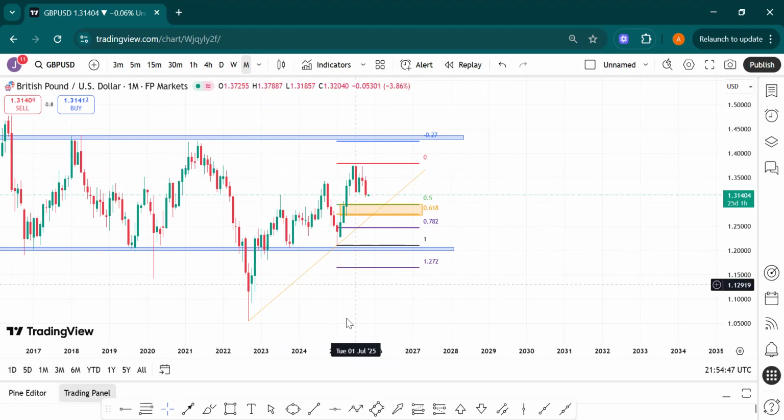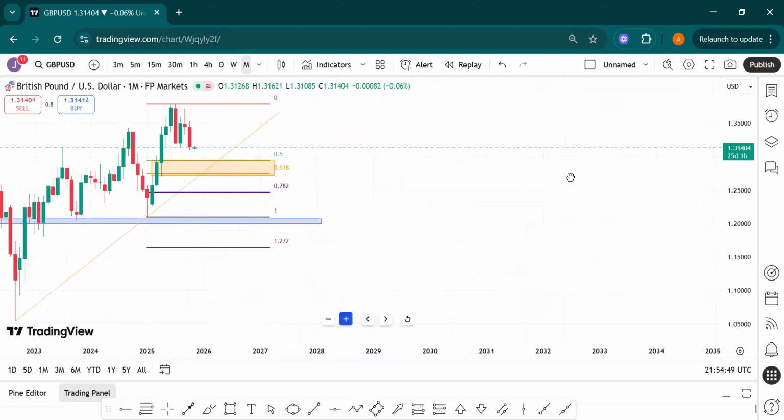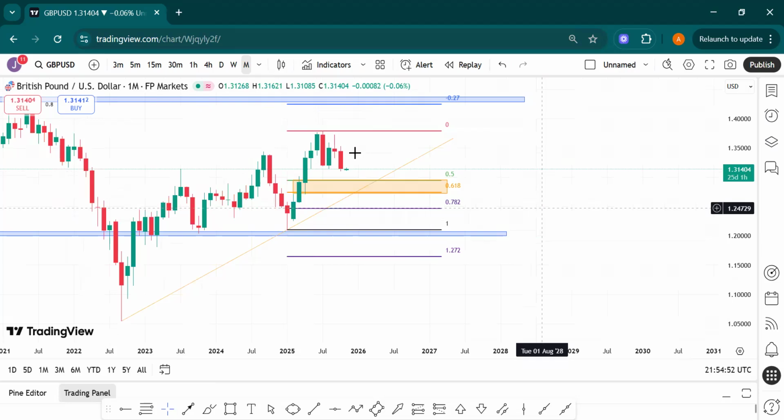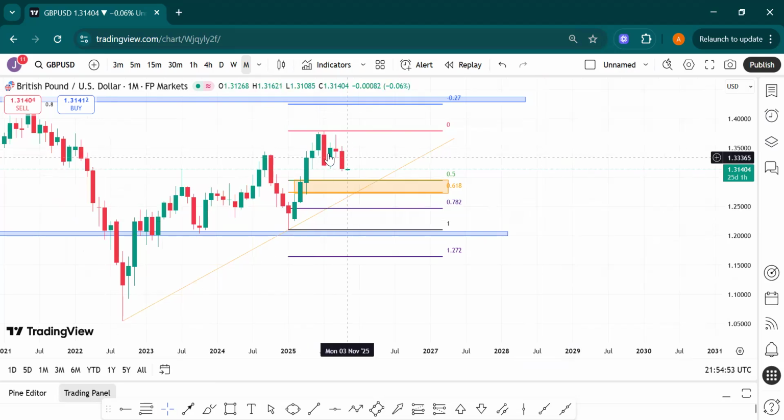Then finally, another thing to support this bias is this candlestick pattern that we have here. This green candle, the doji candle, and this red candle together make up what we call an evening star. And an evening star is a very, very strong bearish reversal chart pattern.